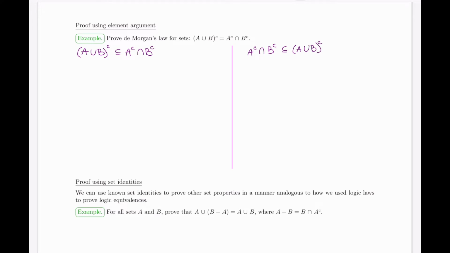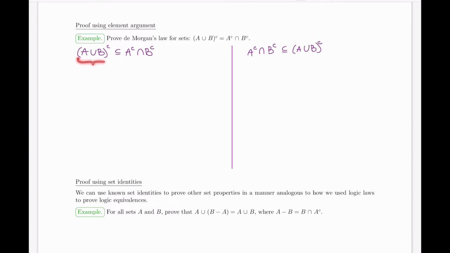What we've seen on the previous page about showing both directions when it comes to set equality is going to be true for all proofs regarding sets if we're going to be using the element arguments. So I am going to do this direction. Recall, how do we prove something is a subset of something else?